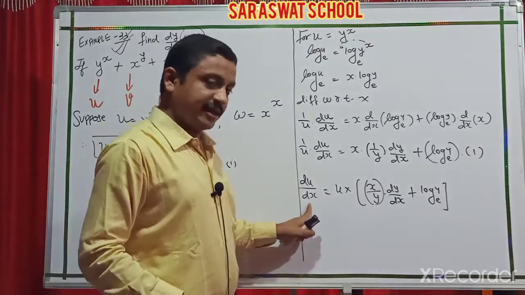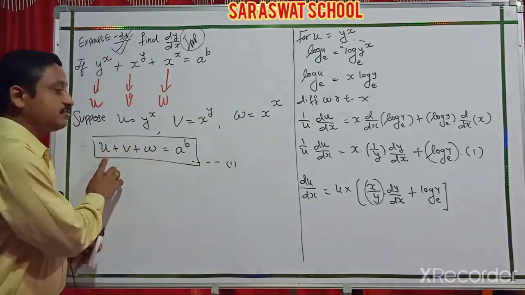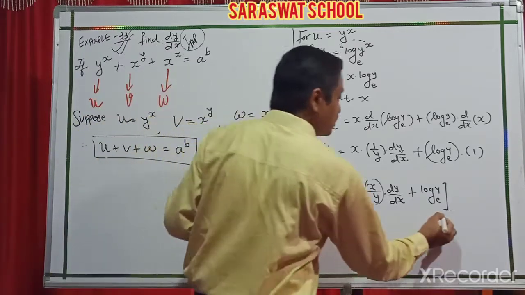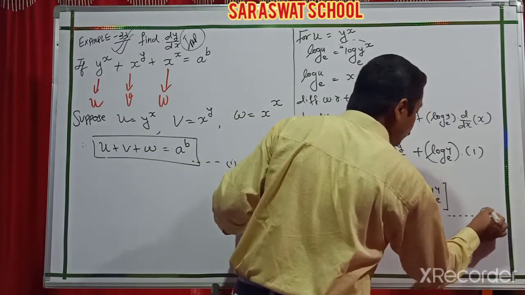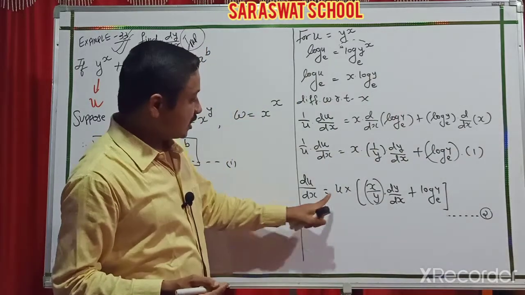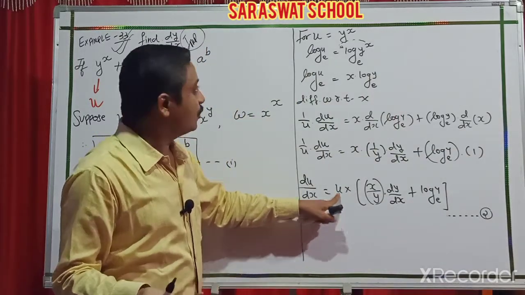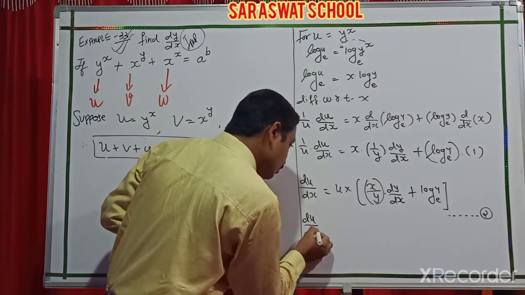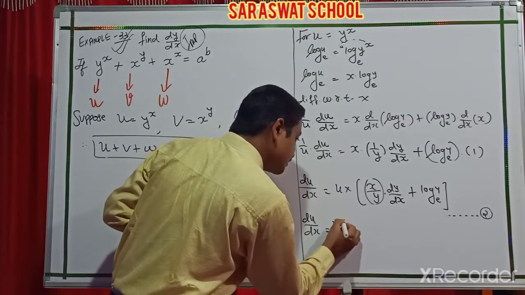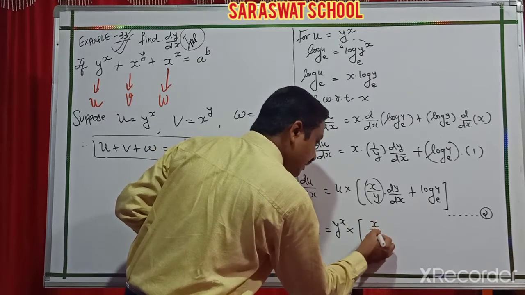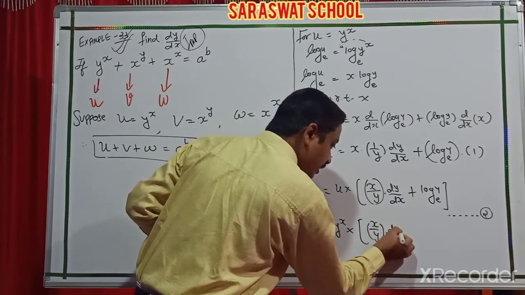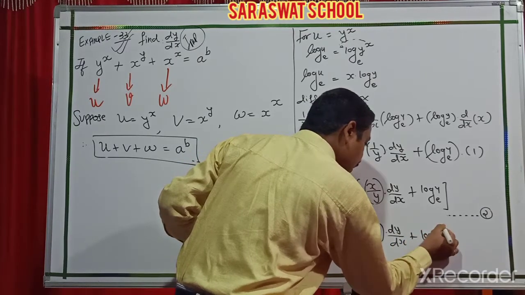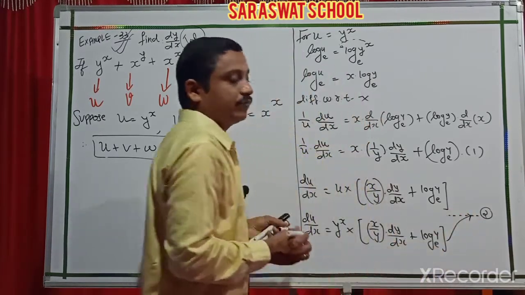Students, this du by dx is the derivative of this part, which I call statement number 2. If you put in the value of u, it is also better. What is the value of u? y raised to x. So I apply one more step: u is y raised to x, times x by y into dy by dx plus log y, and better to apply statement 2 here.